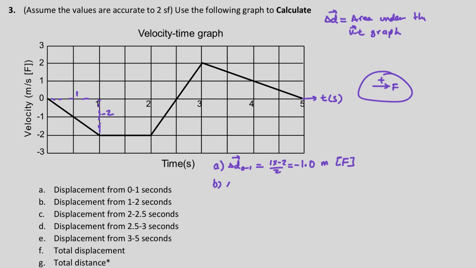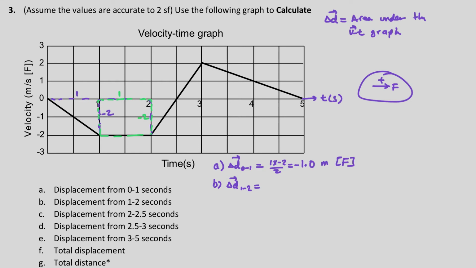For B, displacement from 1 to 2, that's the area in this region over here. Actually, why not draw it in different colors so we can see the difference. So we're looking at that area, and in this case the height is -2 again, and my base is another 1.